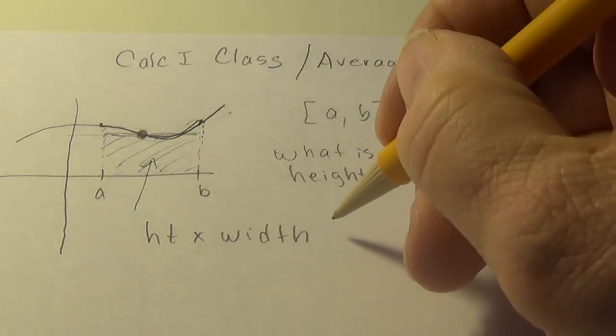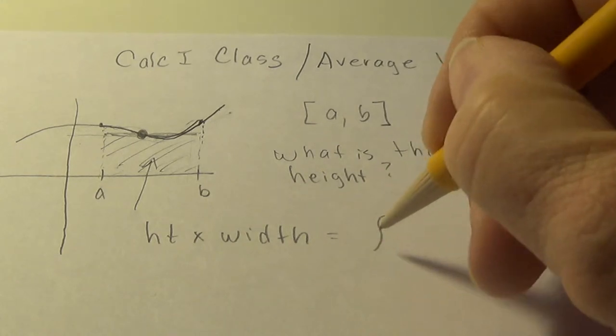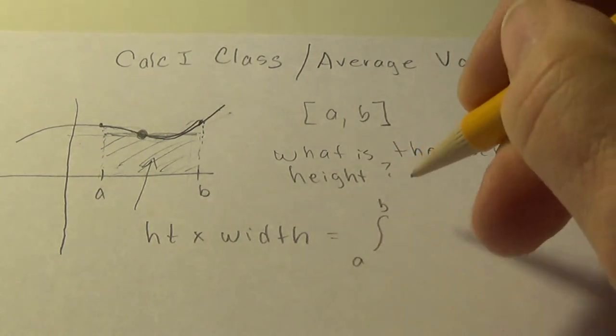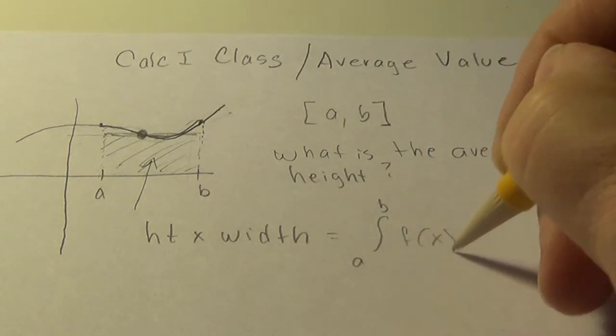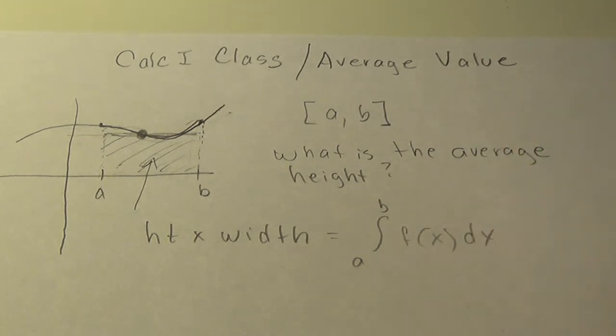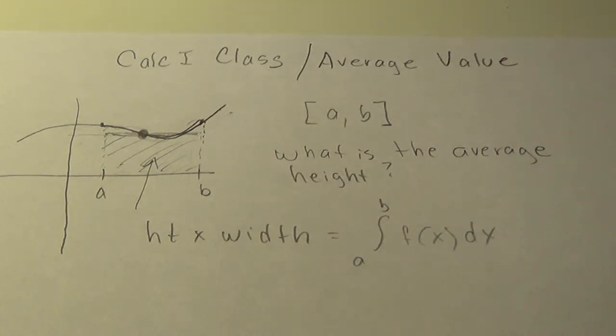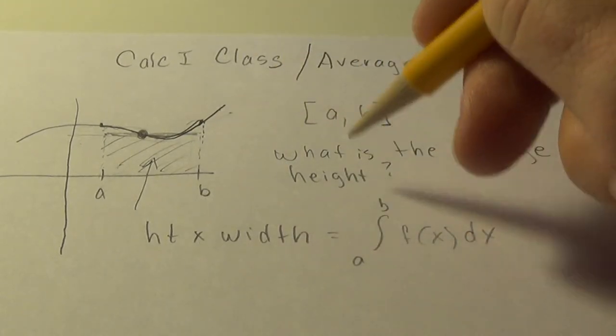I want that to be such a way that it is equal to the whole area under the curve from A to B, which we know is the integral. So that's the kind of relationship the average value establishes. So with that in mind, I can develop a formula because the height, what is the average height?